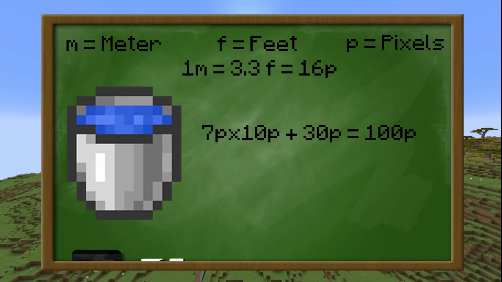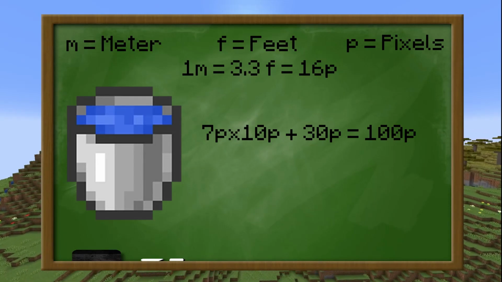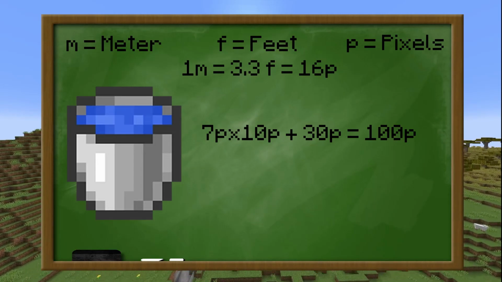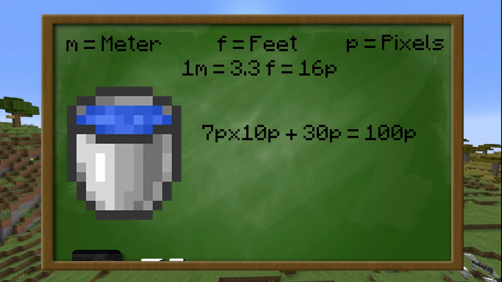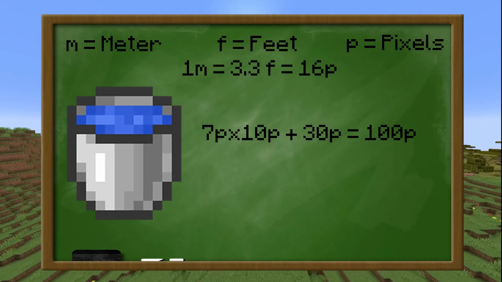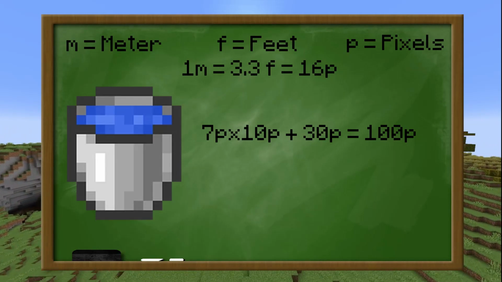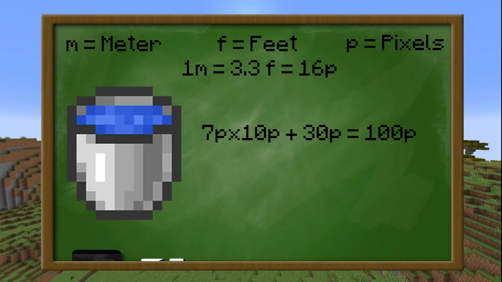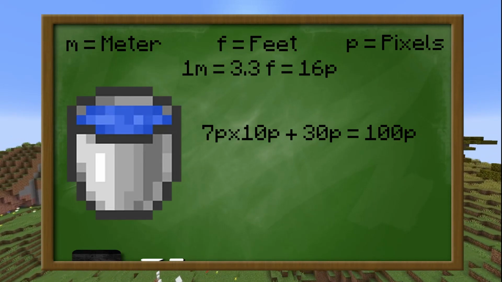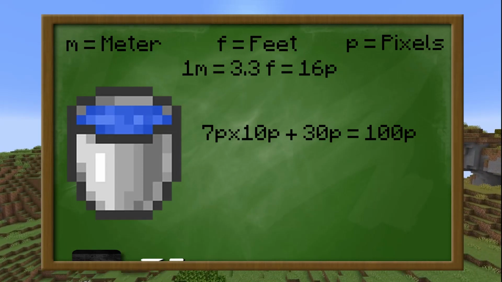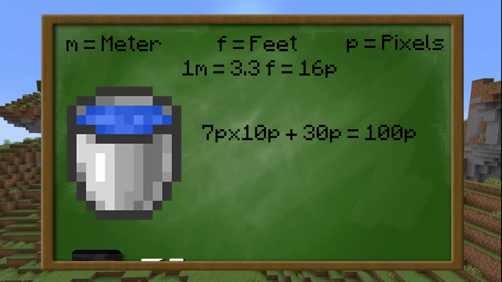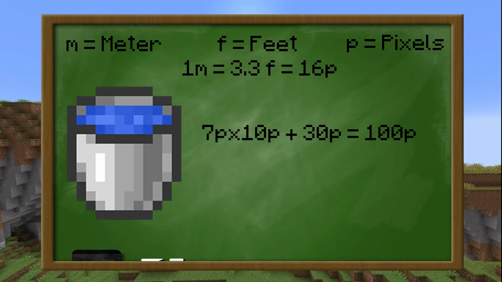And since a bucket is only 1 pixel wide, it doesn't really matter, because 7 times 10 plus 30, and all that times 1, is still the same. And then it is 100 cubic pixels.